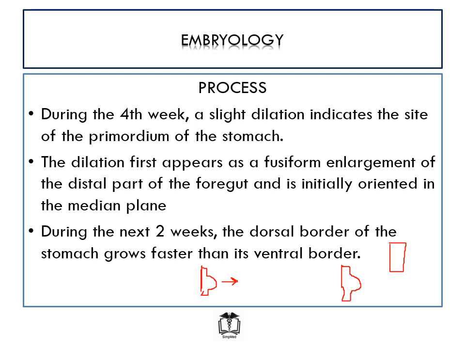The dorsal border will grow faster than the ventral border, so we have more of an outpouching from the dorsal side compared to the ventral side. So we have this sac-like appearance around 6 weeks post development.